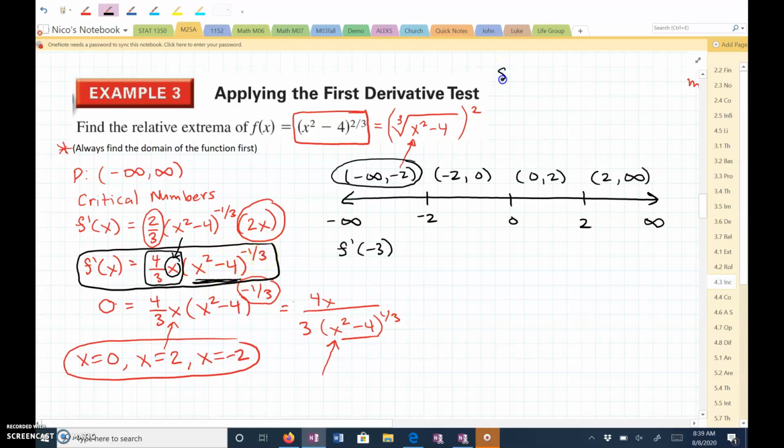So another way to think about this would be 4x all over 3 times x squared minus 4 to the 1/3 power. Okay, so plug in negative 3, numerator would be negative. Plug in negative 3, denominator would be positive. Negative divided by positive is a negative, so this is going to be less than 0. So that means this part of the function is going to be decreasing.